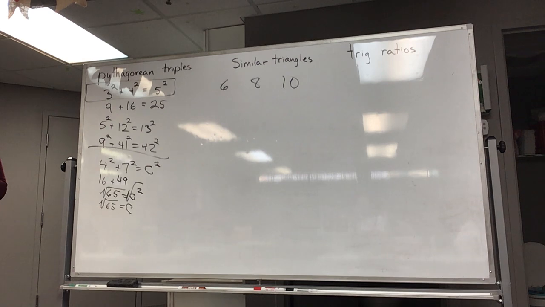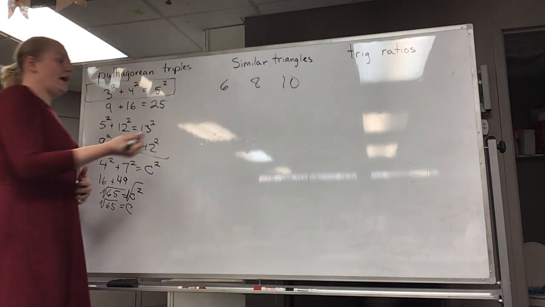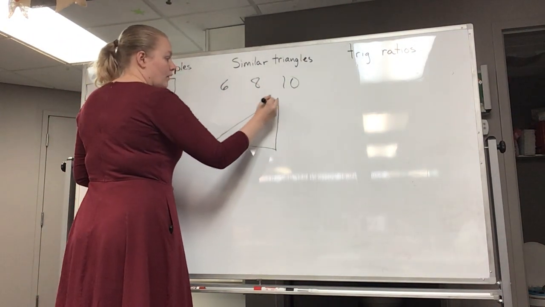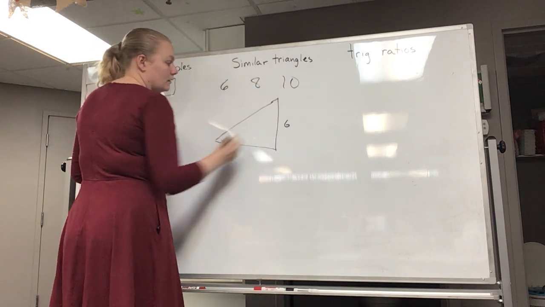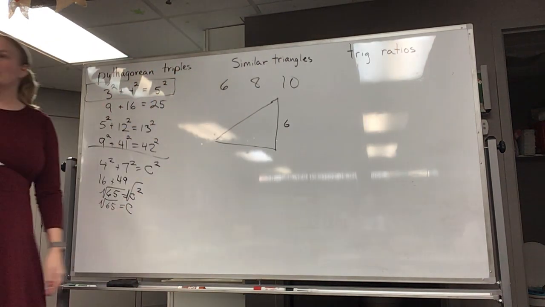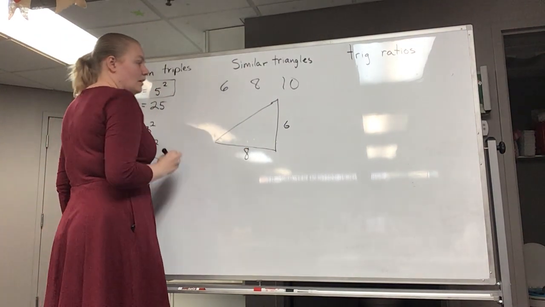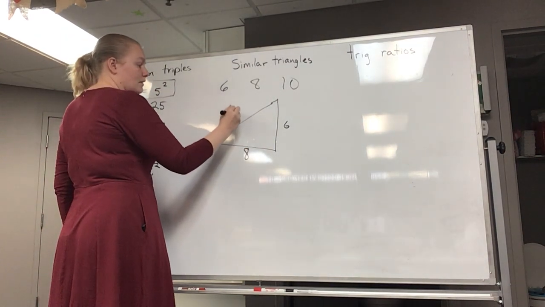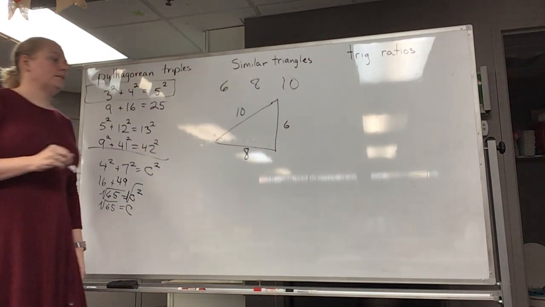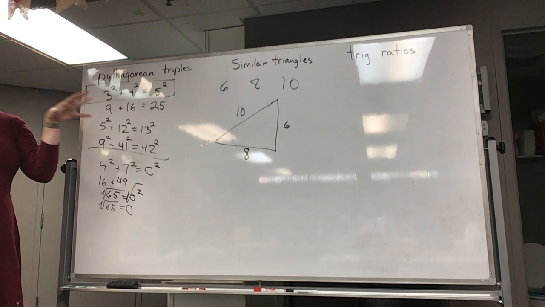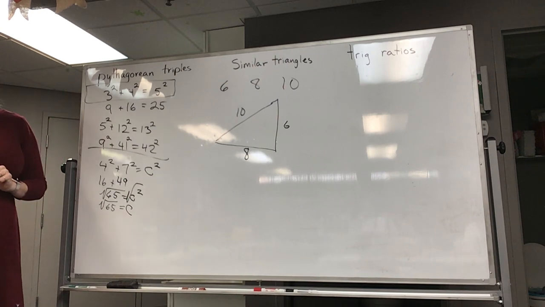With this idea of similarity is where these trig ratios come from. If we have this triangle where this side is 6 units long, this side is 8 units long, and this side is 10 units long, the trig ratios are making comparisons among these sides.